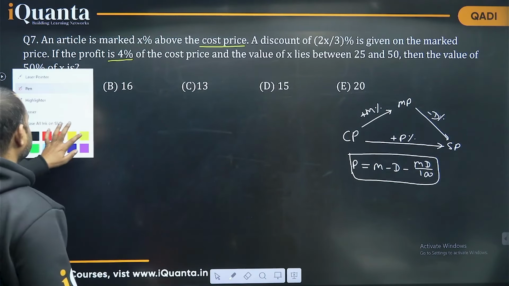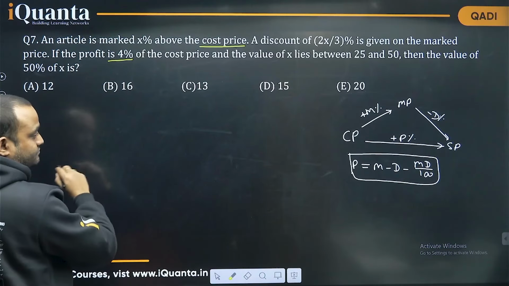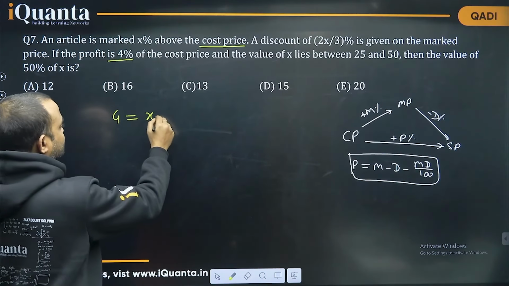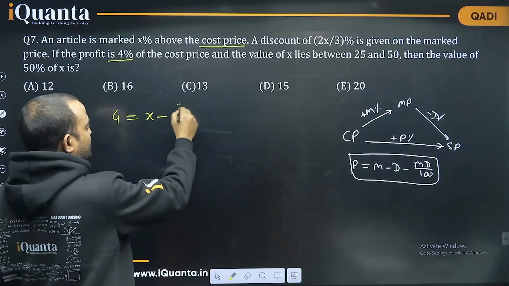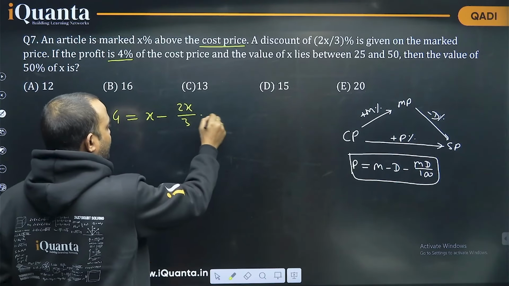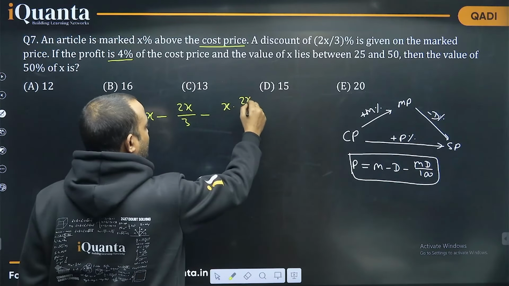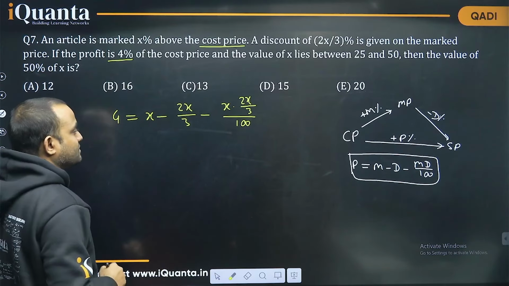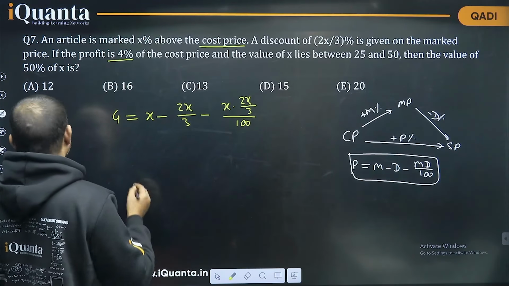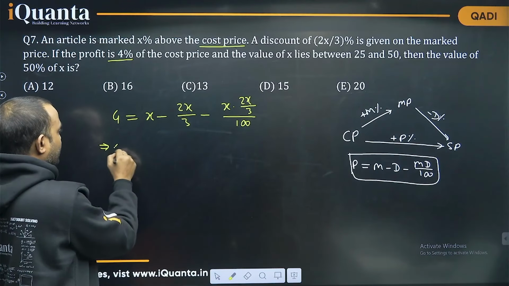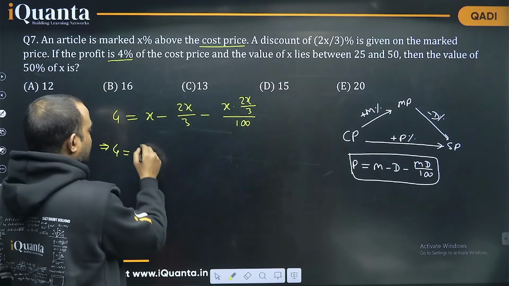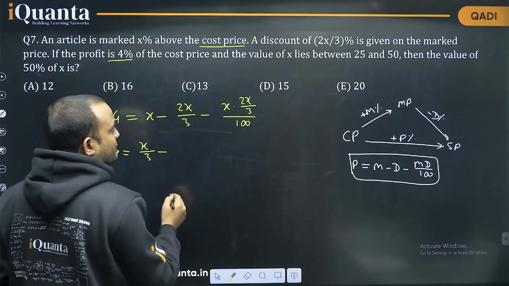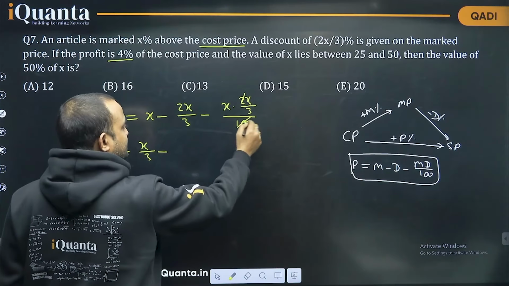Now what do we know? That profit is 4%. 4 is equal to markup is x, discount is 2x by 3, minus x into 2x upon 3 upon 100, right? So from there, this will be 4 is equal to x minus 2x by 3, which is x by 3, minus 2x square, 2 will be cancelled, this 100 by 50.